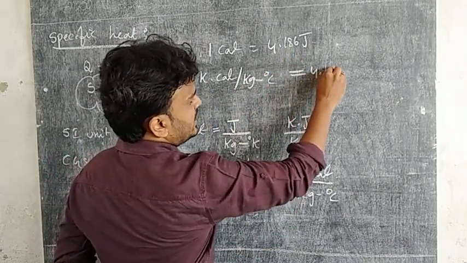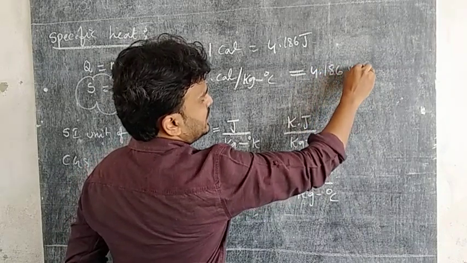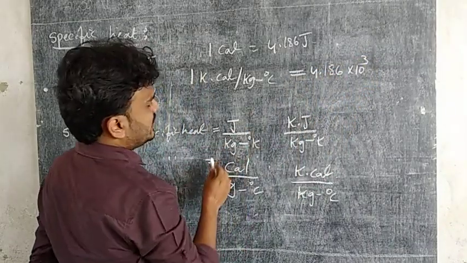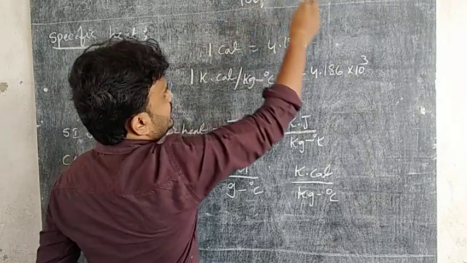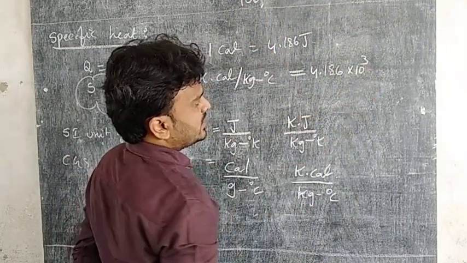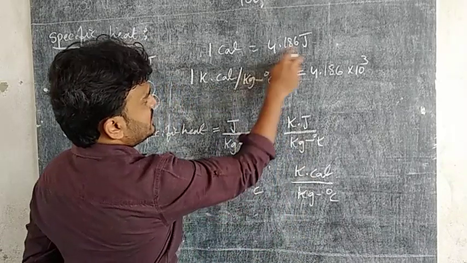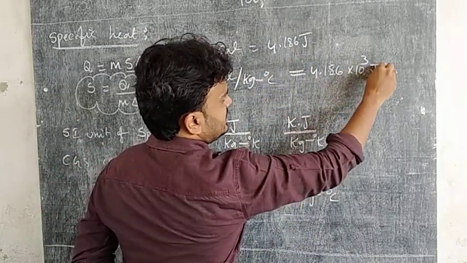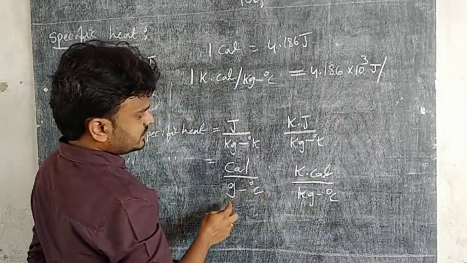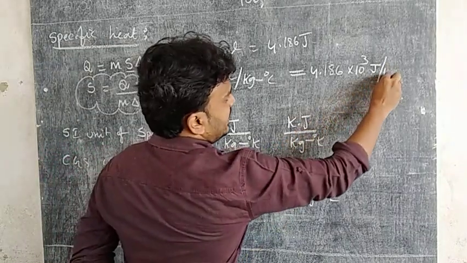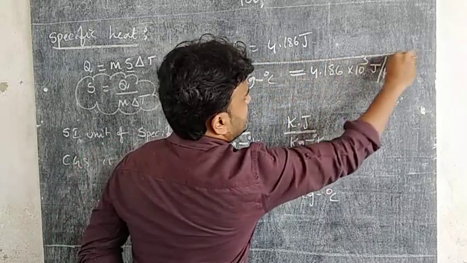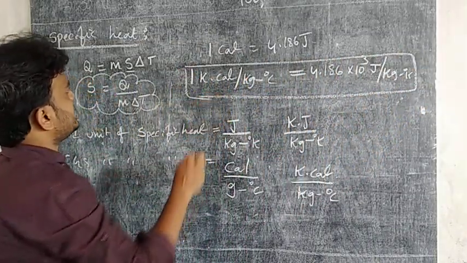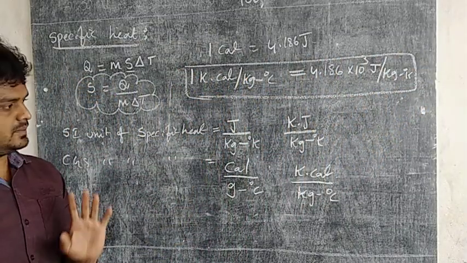That is 4.186 into 10 power 3. How many zeros are there? 1000 per 1000. There are 3 zeros, so simply we have taken 10 power 3. Then calorie to joules means we can express this in joules per kg Kelvin. Very important. This is about the specific heat.